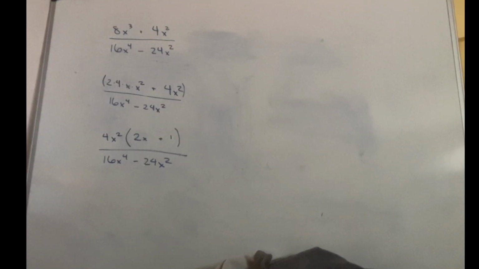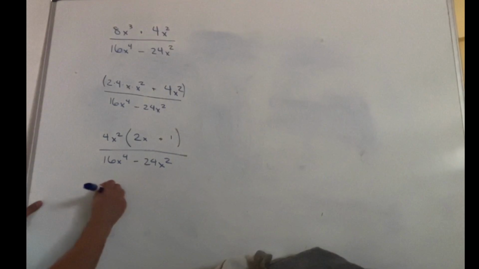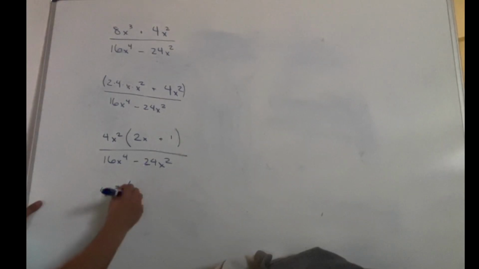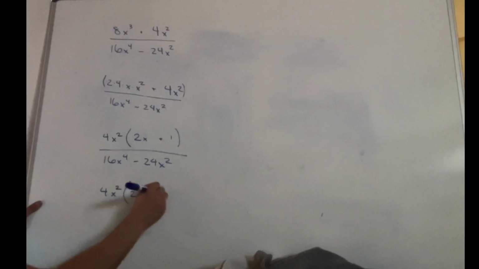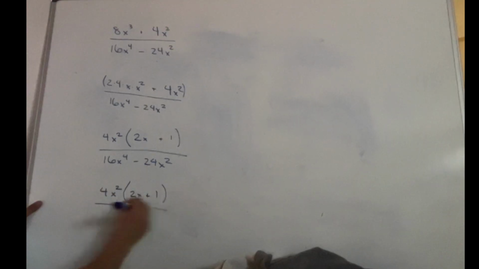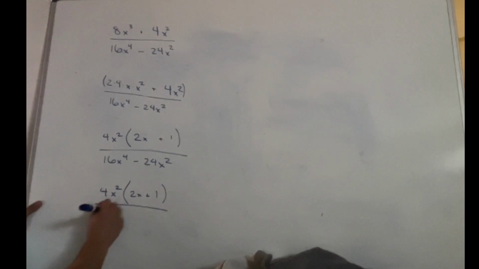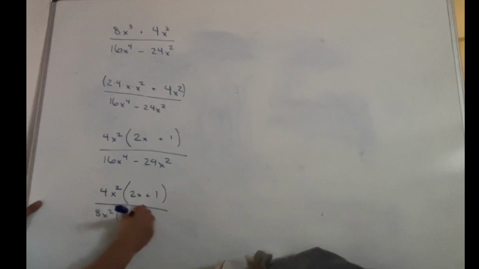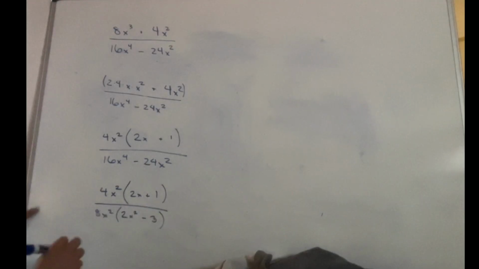So I can rewrite this as 4x squared times 2x plus 1 over 8x squared times 2x squared minus 3, right?